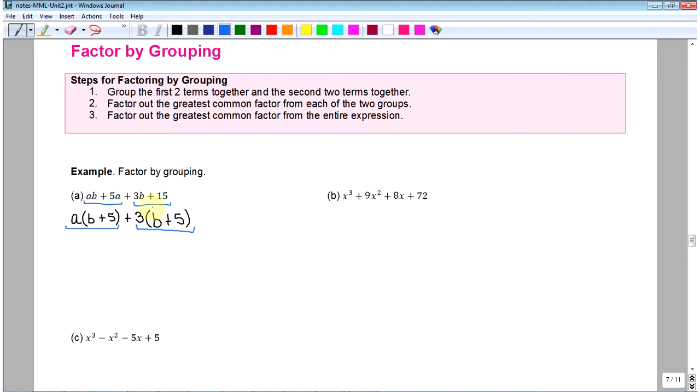And our two terms both have a b plus 5 in common. So b plus 5 is now our greatest common factor. And if we factor that out and we write what's left in our second set of parentheses, we see we're left with an a plus 3. An a from the first term and plus 3 from the second term. And that would be our answer.